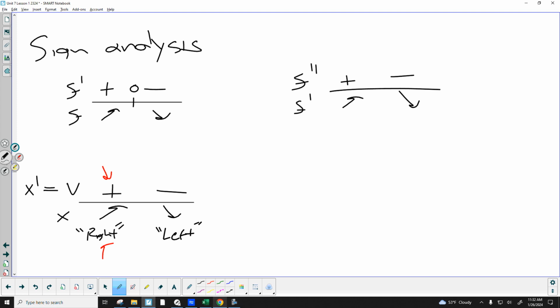Okay, now we just discovered if velocity is negative, I'm moving left, because velocity is the rate of change of position. What if velocity is 0? I stopped. I'm not moving. I'm standing still. We are what's called at rest. Great.